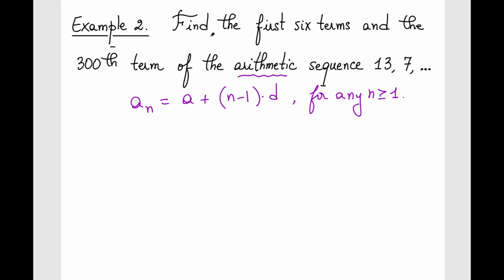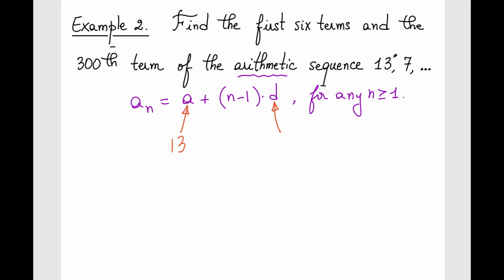Okay, all right, so what did they tell us? We want to find the first 6 terms and the 300th term. Well, what's a and what's d in this context? a is 13, it's the first term, right? And how much is d? d is the common difference. They told us arithmetic, so we're going to keep going with the same pattern by chipping away that number, in this case 6, right?